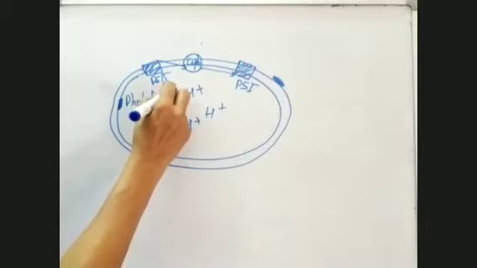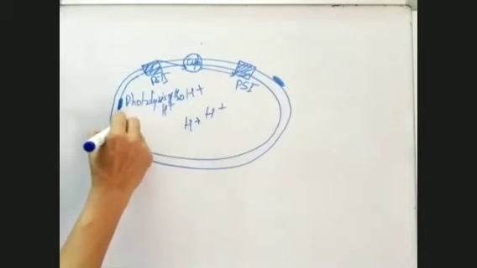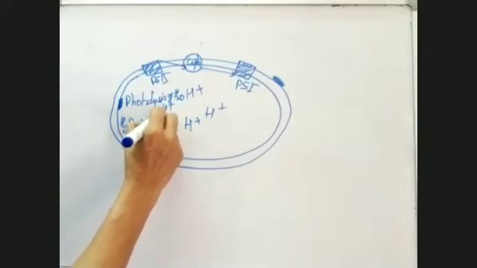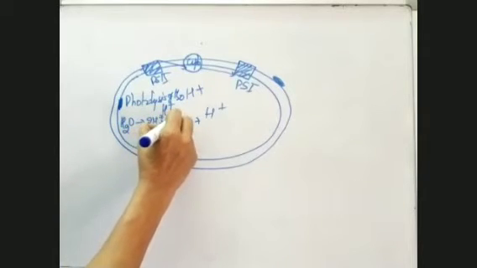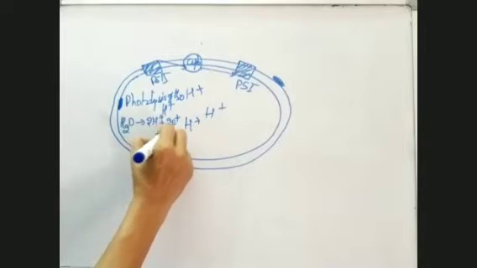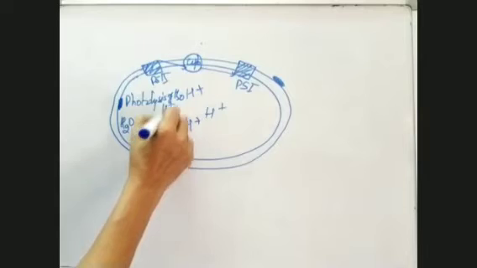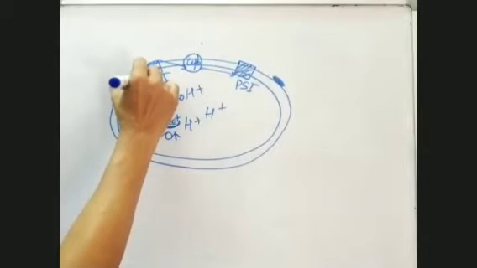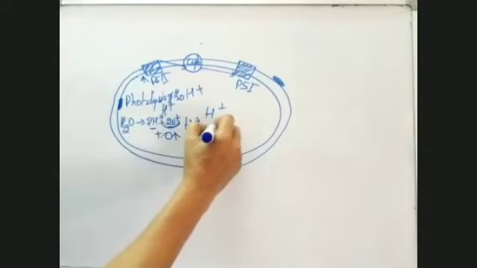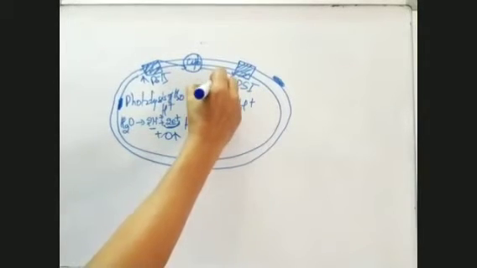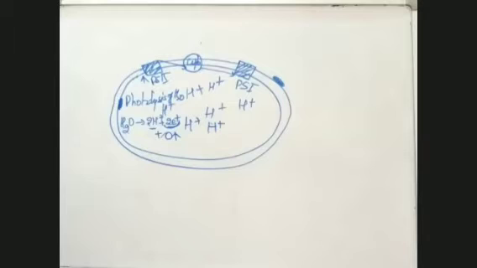Photolysis of water takes place here, and because of photolysis of water, H2O is broken down into protons, electrons, and oxygen. Out of these, the oxygen is liberated in the air, the electrons are given to this system, and the protons remain here. So they increase the hydrogen ion concentration of the lumen.